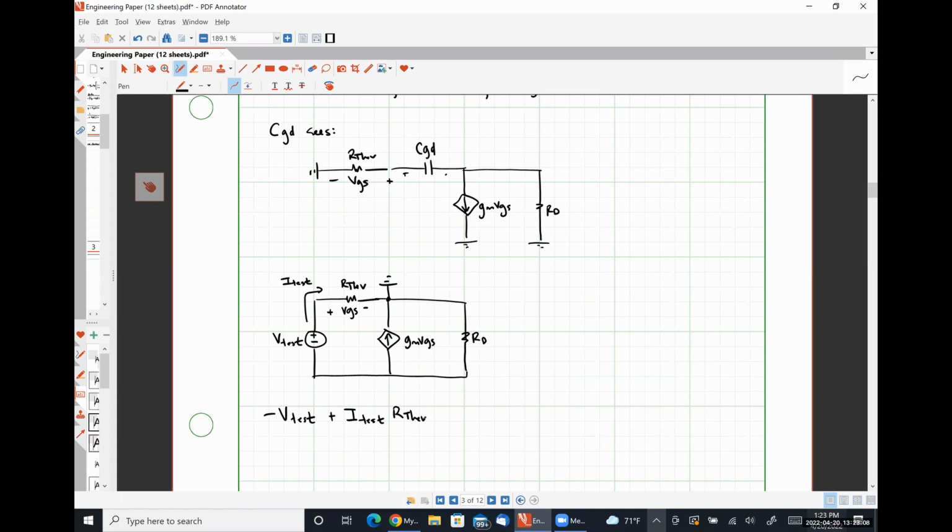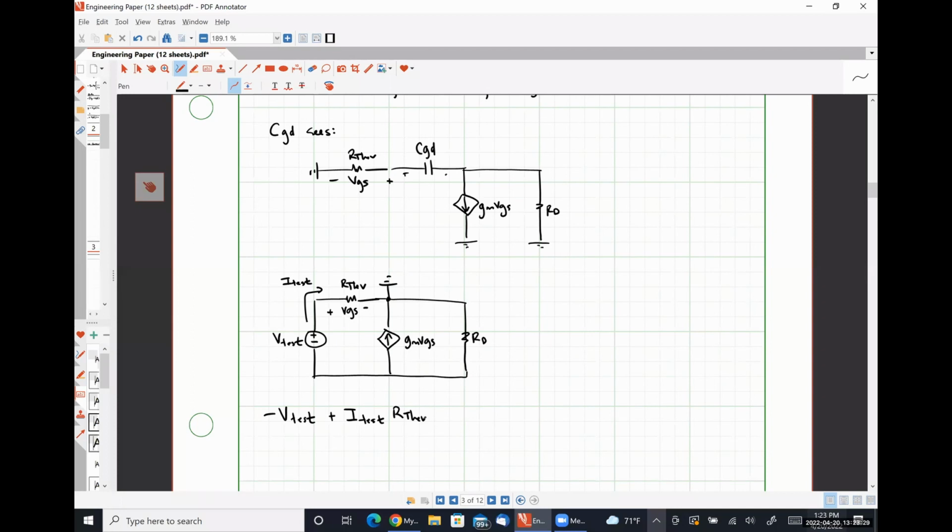And then I need the voltage drop over resistor RD, which requires me to know the current flowing through resistor RD. So if we apply Kirchhoff's current law at this node, we have a current of I test flowing in, gm VGS flowing in.